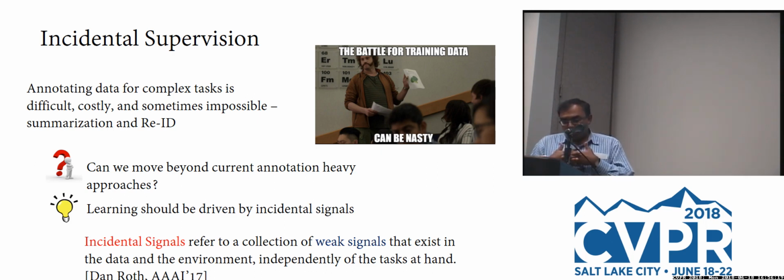So we want to utilize those signals that are available, and because of which we do not require too much extra effort. In some ways, you could even think about this as a combination of machine learning approaches with physics-driven approaches. If you have a reasonable physical model of the environment, how can we leverage that physical model in order to reduce the supervision? I'll talk about some of these as we go along.